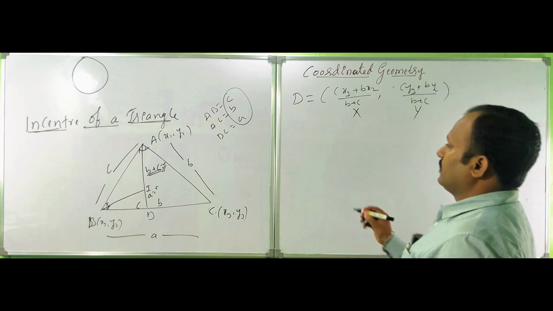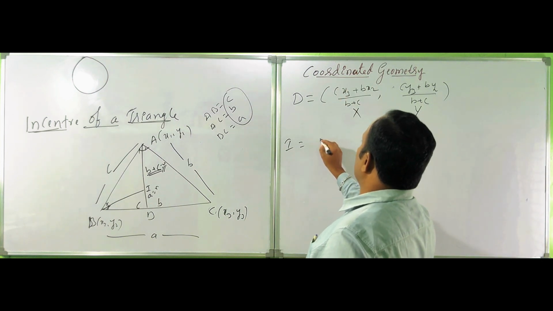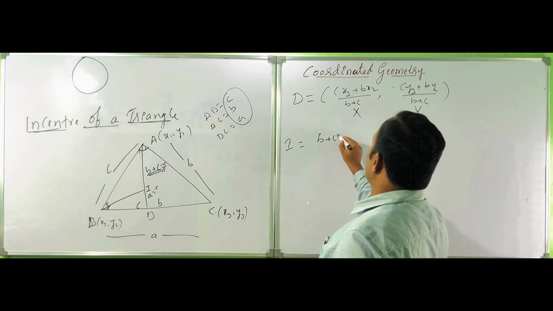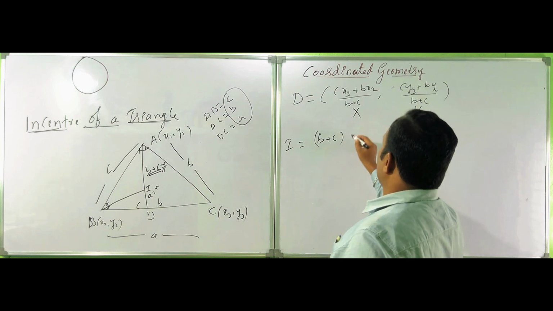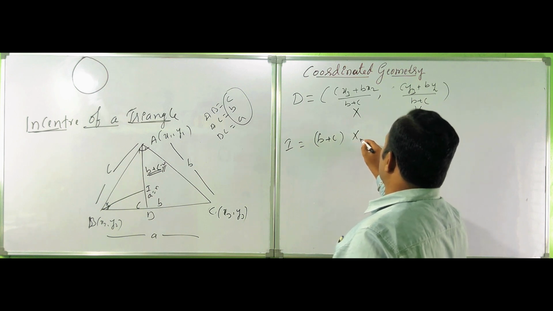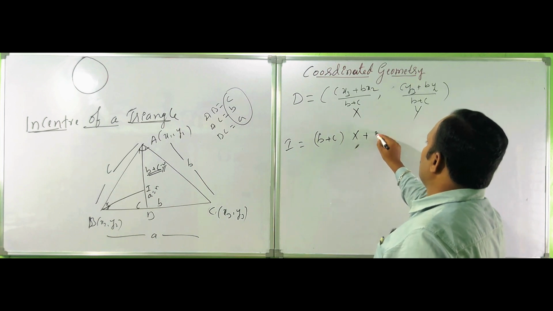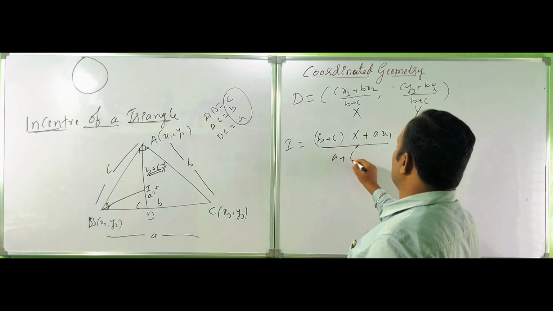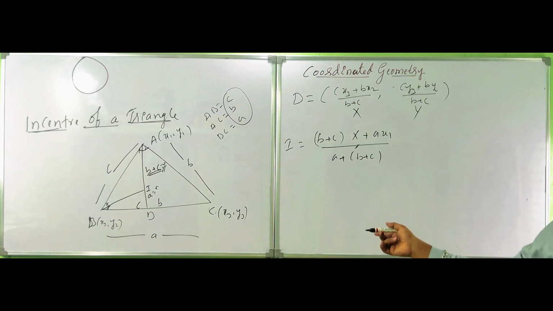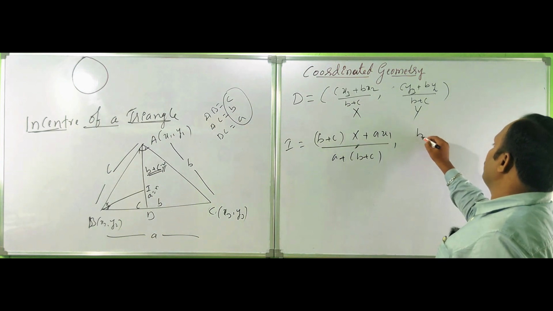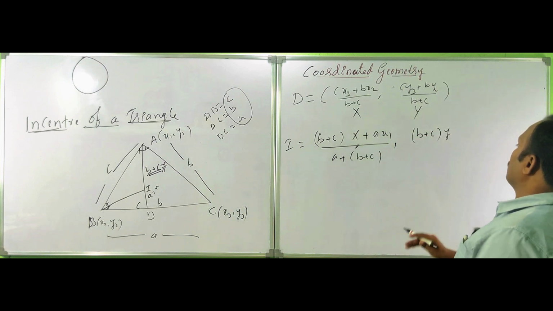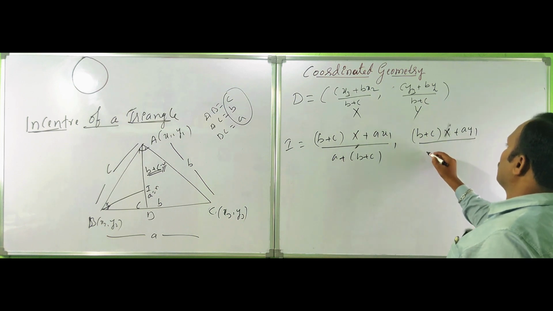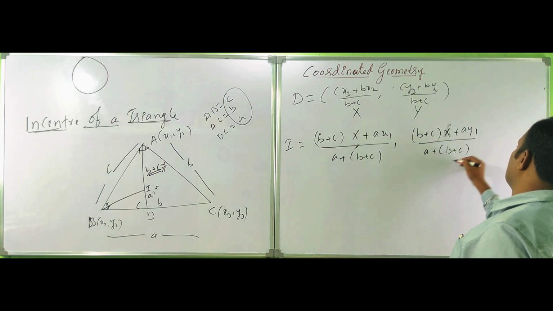This is the ratio M is to N. The point I becomes: (B plus C) into X plus A into X1, divided by A plus B plus C. Again, (B plus C) into Y plus A y1, divided by A plus B plus C ratio.